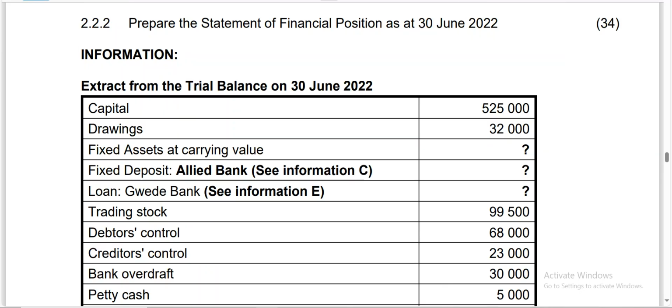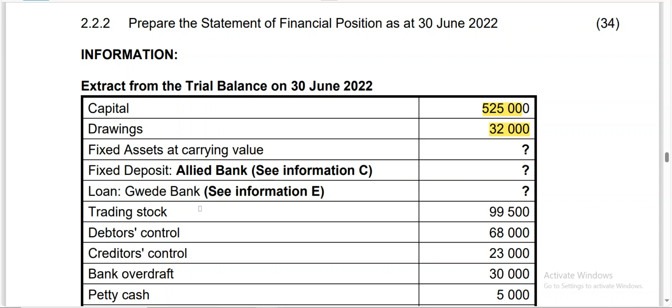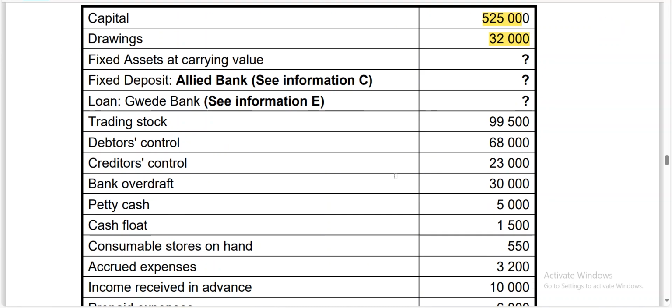That is how you start to collect marks. I've used 525,000. I also have 32,000, so here I must say minus 32,000. And then the next adjustment says that fixed assets at carrying value is going to be a balancing figure. For fixed deposit, I need to see information C, and for loan I need to see information E, so I'll come back to them.